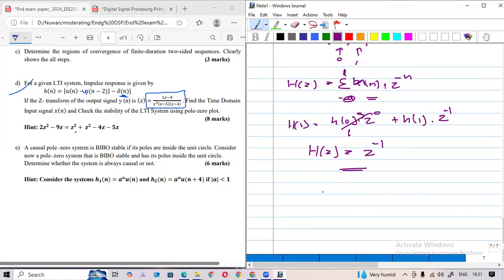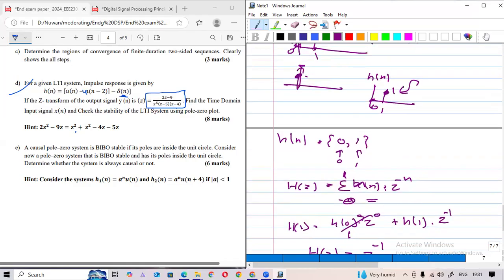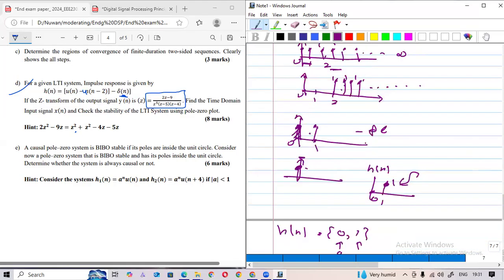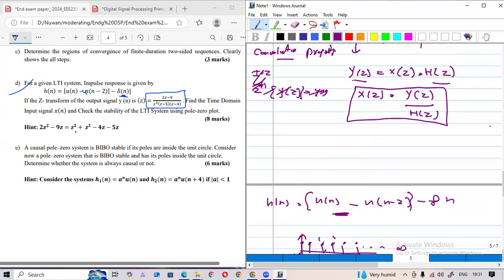If you want to find X(z), X(z) is Y(z) divided by H(z), no? Y(z) is this one, divided by z^-1, and z^-1 will go up.